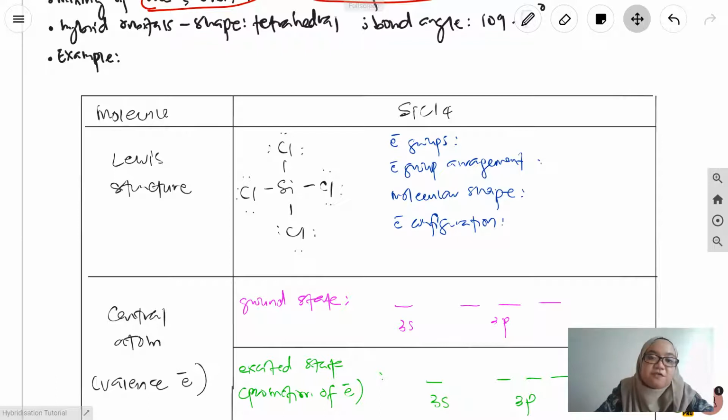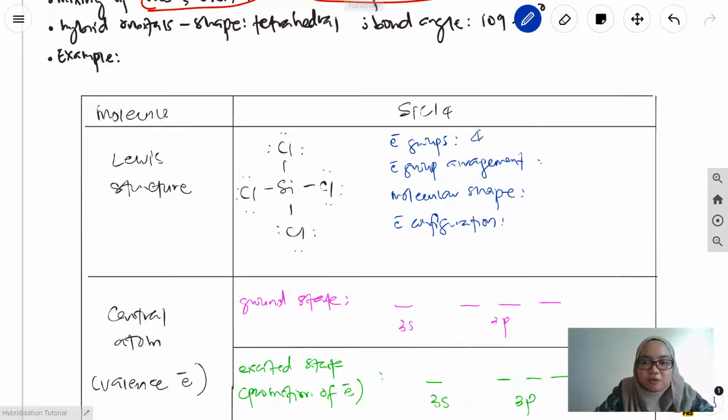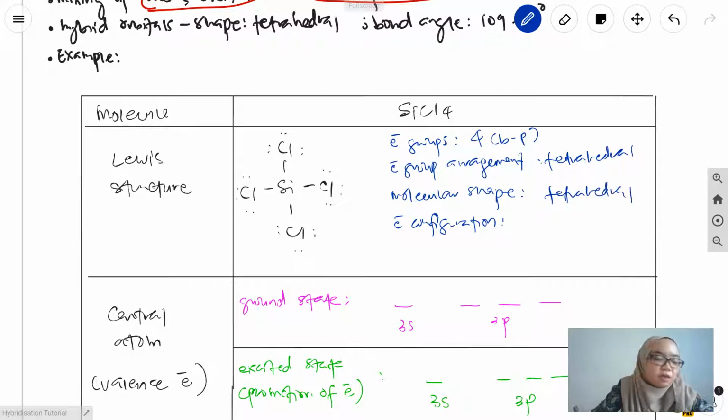As we look, I have drawn the Lewis structure. From the Lewis structure, around the central atom we can see that there are 4 electron groups and all are bonding pairs, so no worries. That means the shape is still the same according to VSEPR. The electronic configuration for Si is 1s2, 2s2, 2p6, 3s2, 3p4.